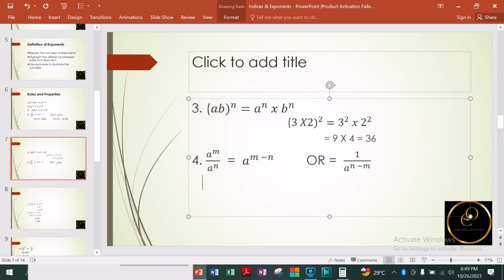Okay, let me look at this one. If I use this one, this is what I'm going to do. Let's say the base is the same common one. Let's say the base is 3.